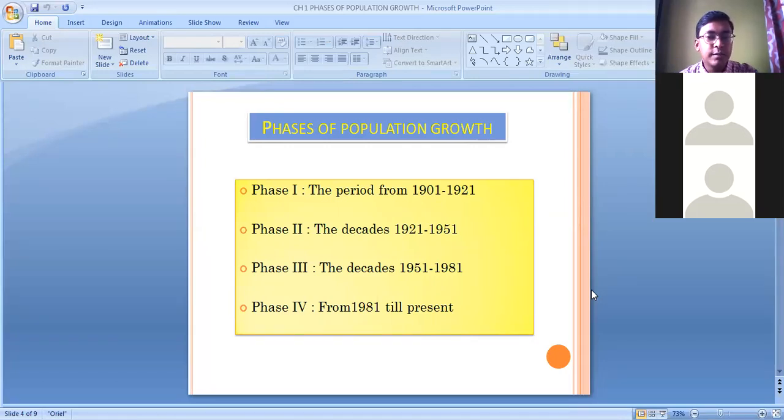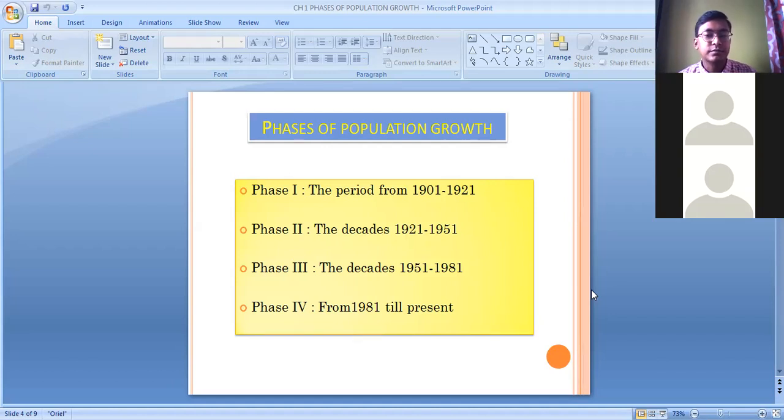But it is not that before 1901 the population of our country did not increase. It is not like that actually. Before 1901 also the population of our country has increased. But in order to study it in a better way and get a better insight into the population distribution of our country, we have taken the data from the 1901 census.